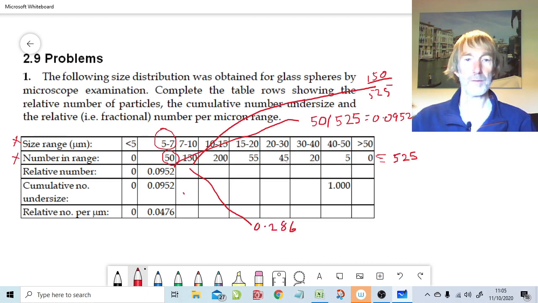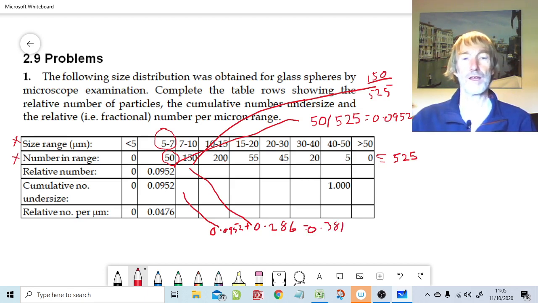That's the relative number. The cumulative number is going to be the previous value, 0.0952 plus 0.286, which should give us 0.381. So that's 0.381. So that gives us the cumulative number undersize.